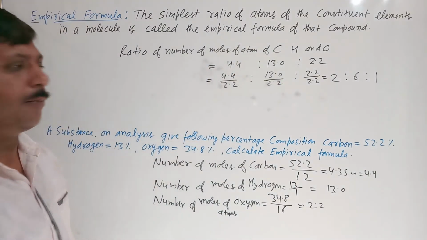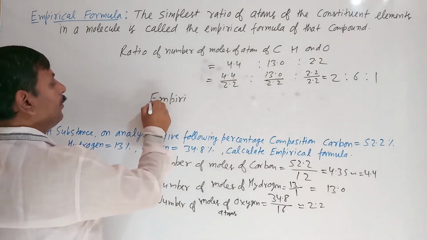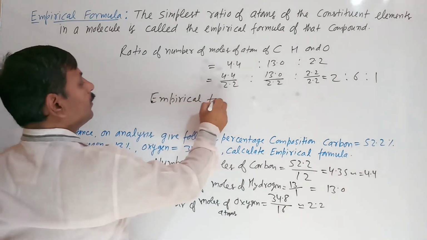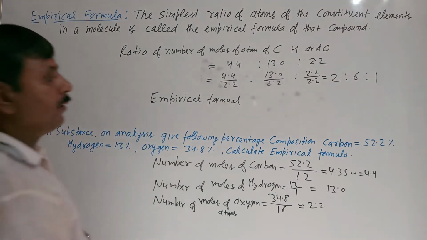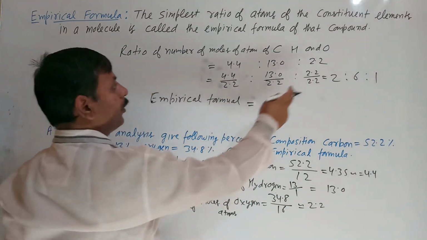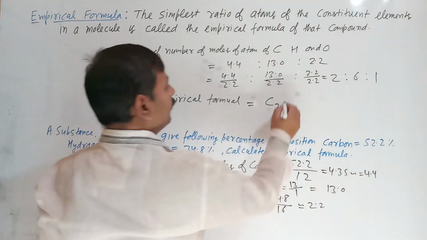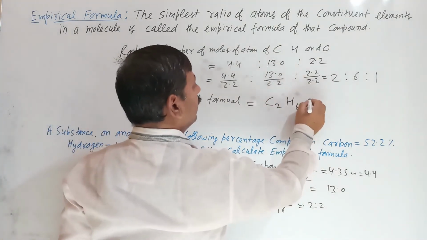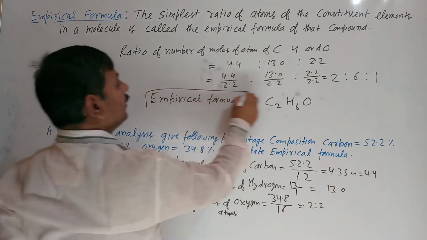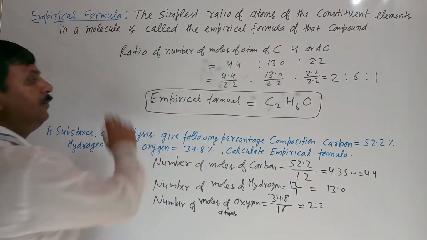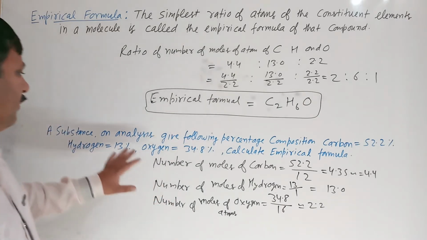What will be the empirical formula? The empirical formula of that substance: how many carbons are present? 2 carbons, hydrogen 6, oxygen 1. This will be the empirical formula of the substance. You see, a very simple method.